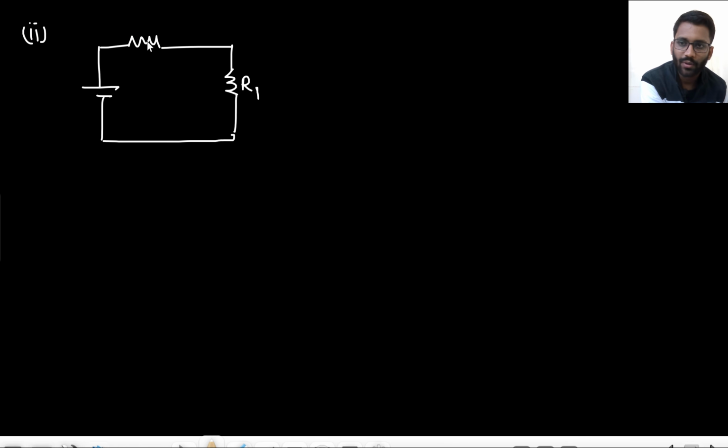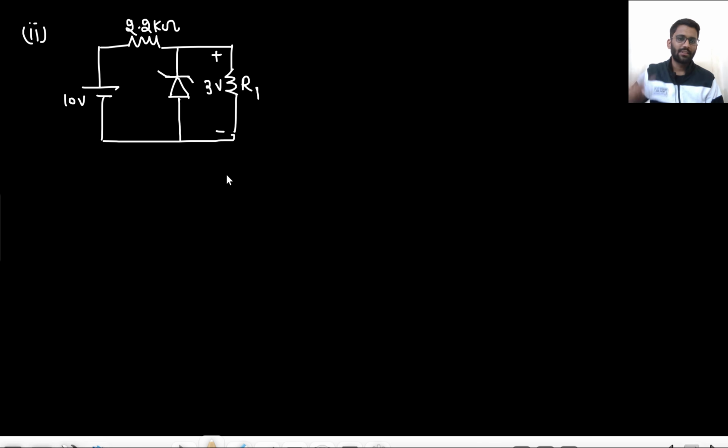10 volt, 2.2 kilo ohm. Okay, and here you are having 3 volt only. So this is your Zener. This 3 volt goes across the Zener.